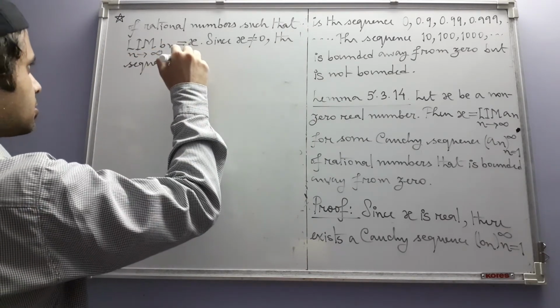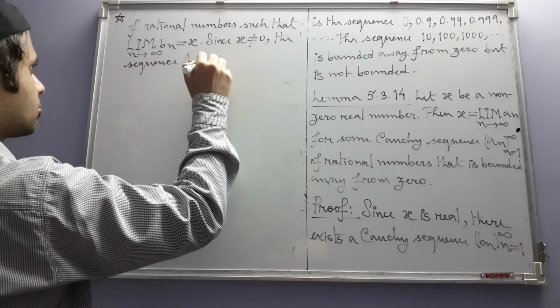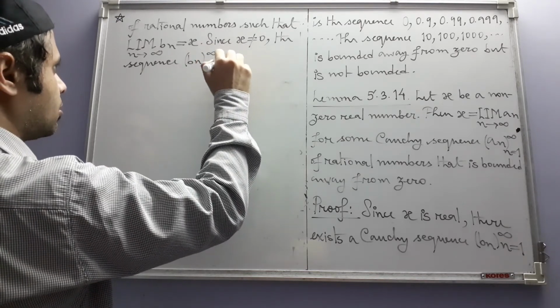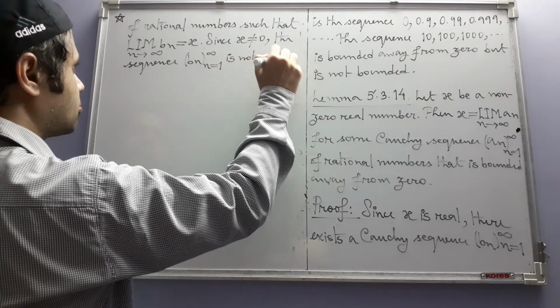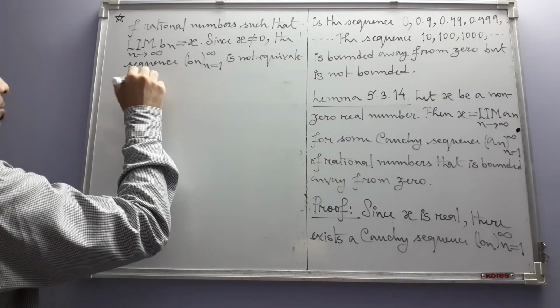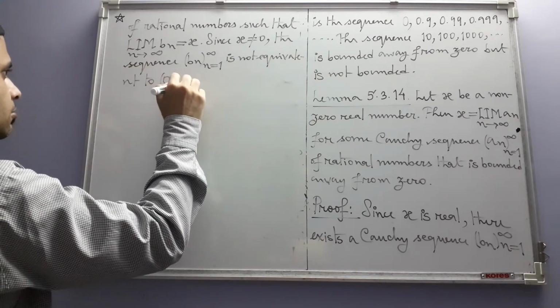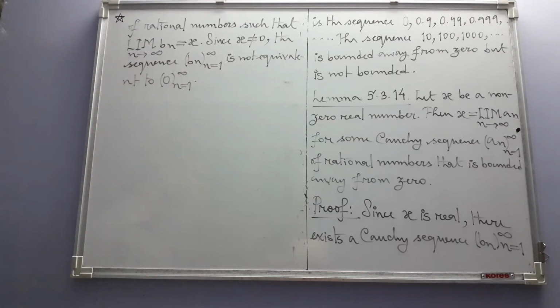The sequence Bn is not equivalent to the 0 sequence. Being equivalent means what?